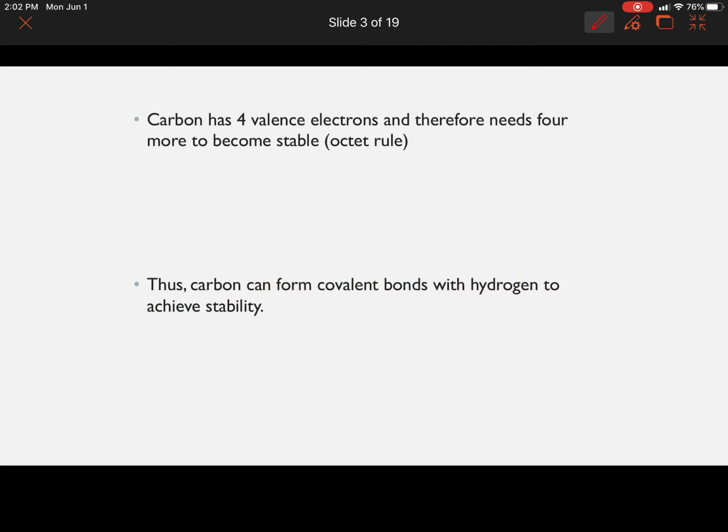So now carbon has 4 valence electrons. So valence, if you think back to your grade 9 science, you would have learned that these are outer electrons. So in their outermost shell, carbon has 4 valence. So what that looks like then, you've got a carbon atom. In its first shell, it's going to have 2.